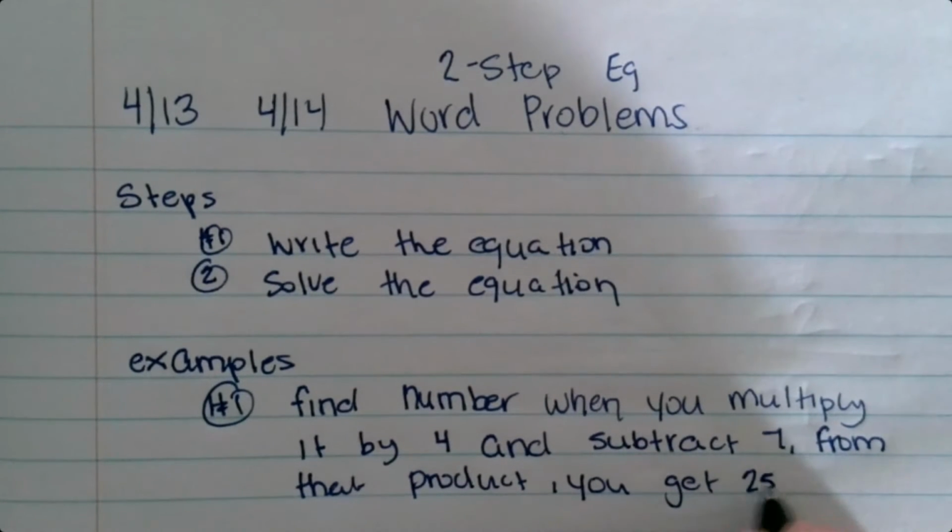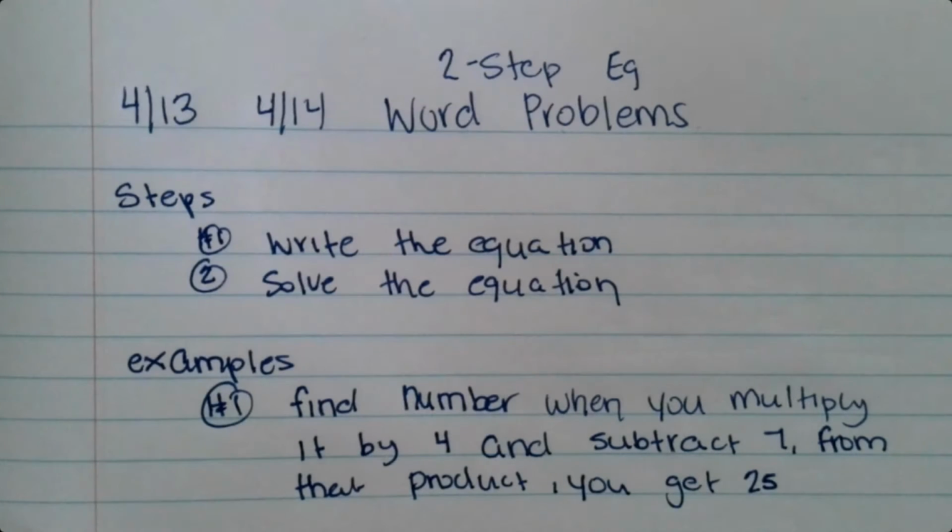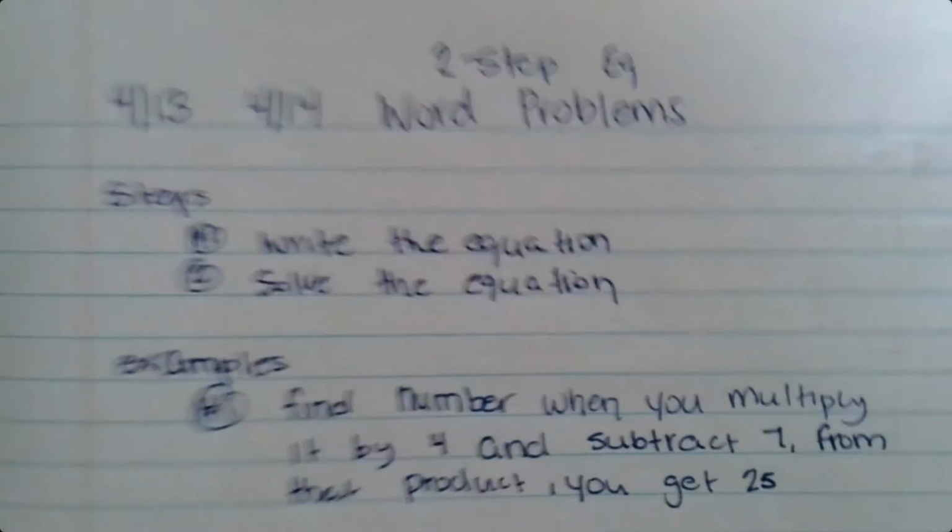You get 25. When you multiply a number by 4, subtract 7, you get 25.